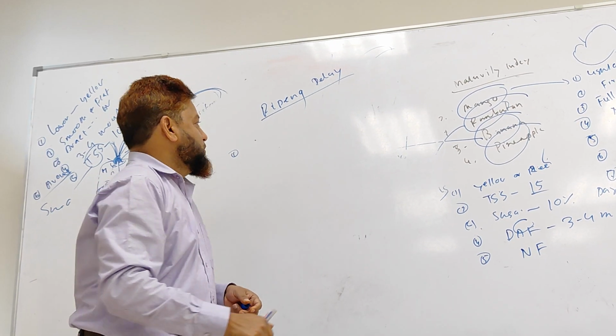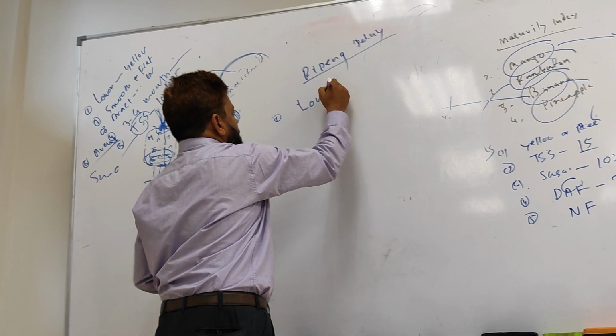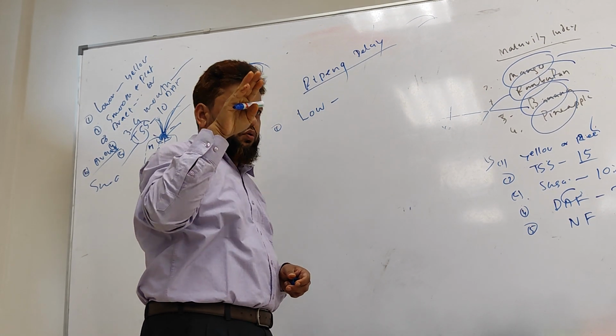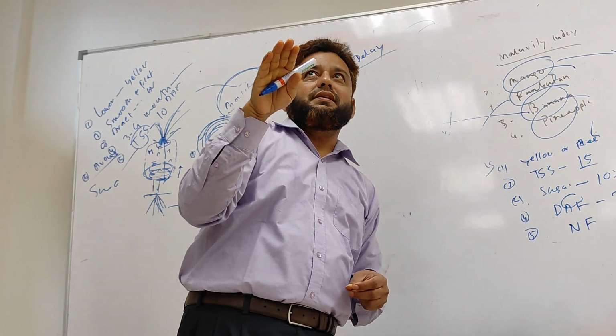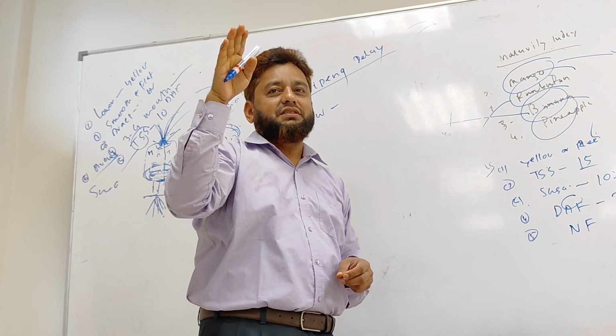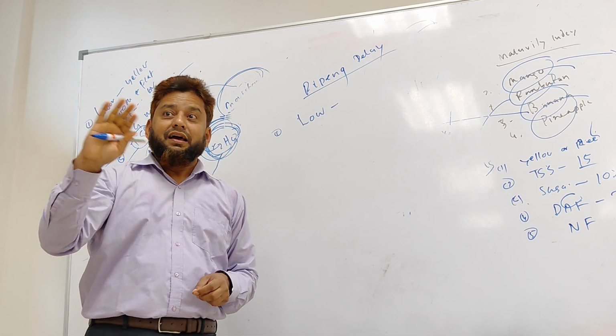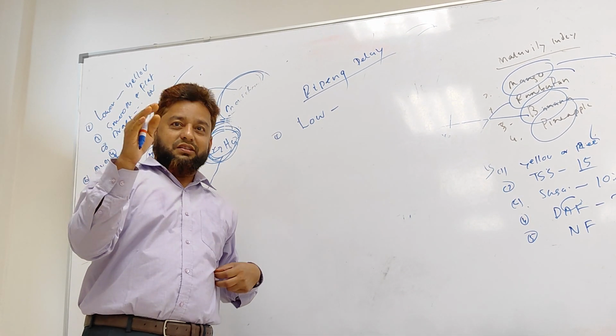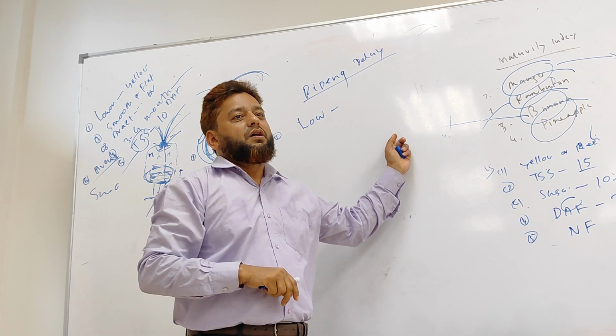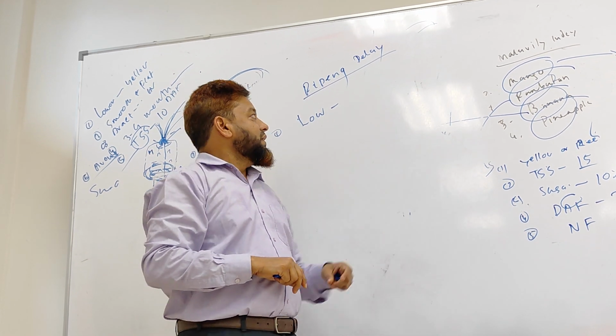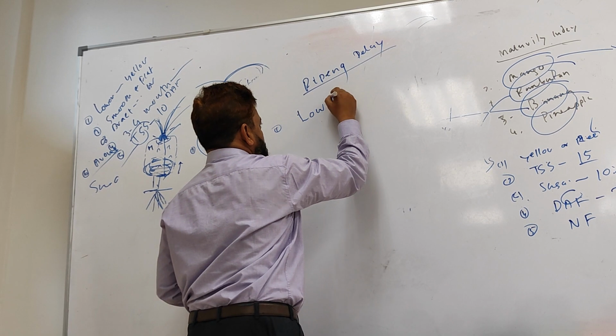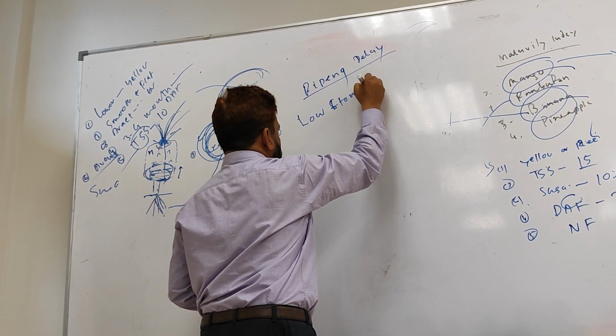The temperature is around 10 maybe. If it is less than 10, it's not good. If it is 7, then there will be chilling injury, right? So it means you have to store the fruit in low temperature storage.